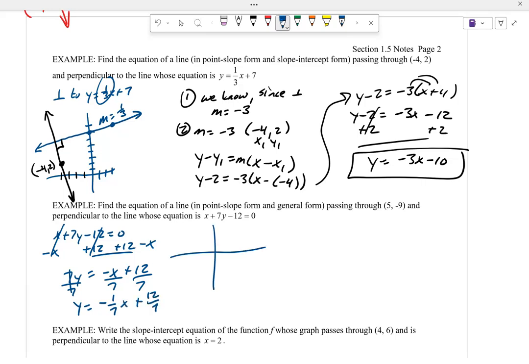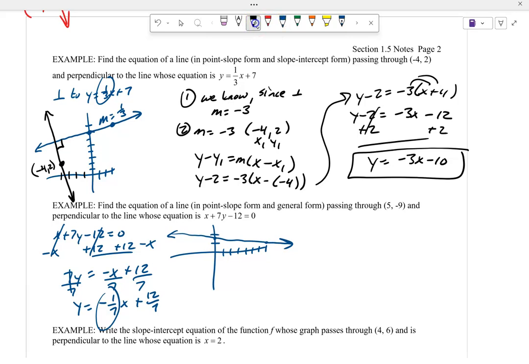If I was drawing this, 12/7 is not quite 14/7, not quite a 2, but it's here, and it's down 1 and right 7. There's our blue one. The big thing is we've got a slope of -1/7 on that blue line.